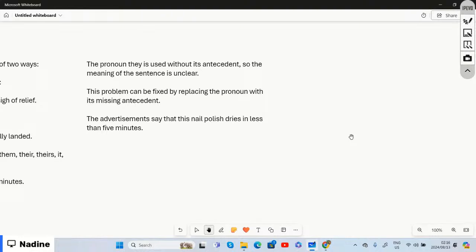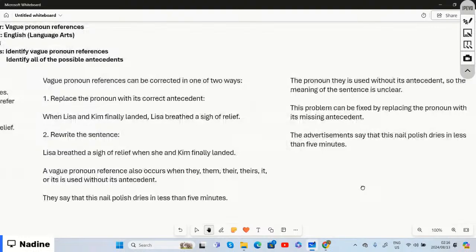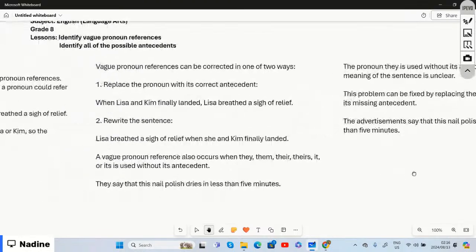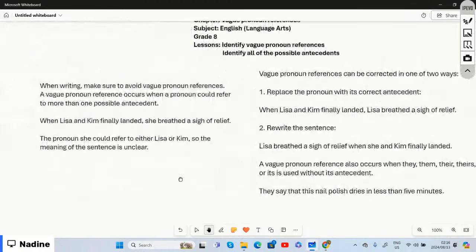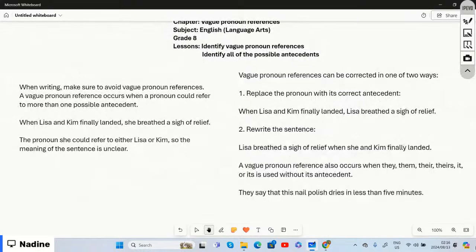All right. So these are just a few examples of vague pronoun references and how we can identify them. If your sentence is unclear, then that is a vague pronoun reference. If we don't know who you are talking about, then it is a vague pronoun reference.